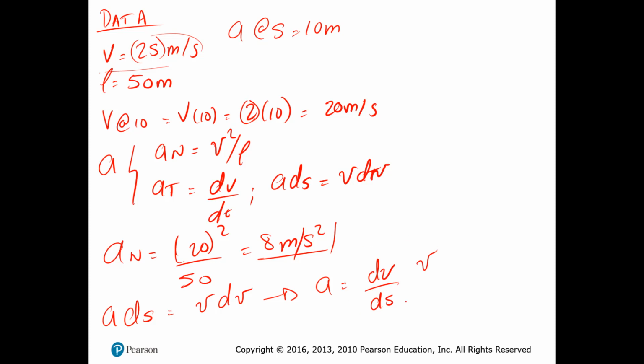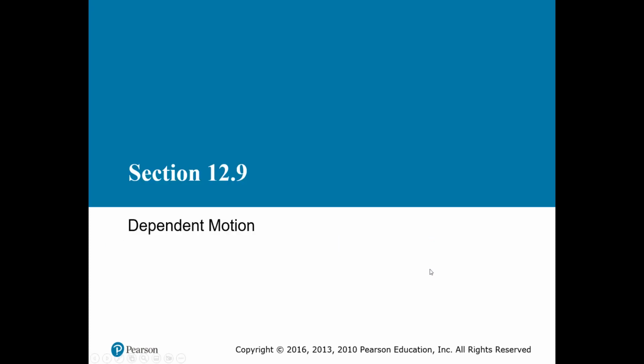So now I can derive the velocity with respect to s and multiply that by the magnitude of the velocity, and that should give me the value that I'm looking for. In this case, the tangential acceleration is equal to the derivative of v with respect to s, and this whole thing is multiplied by the speed calculated at 10. So I'm going to go ahead and leave that outside, which is 20.